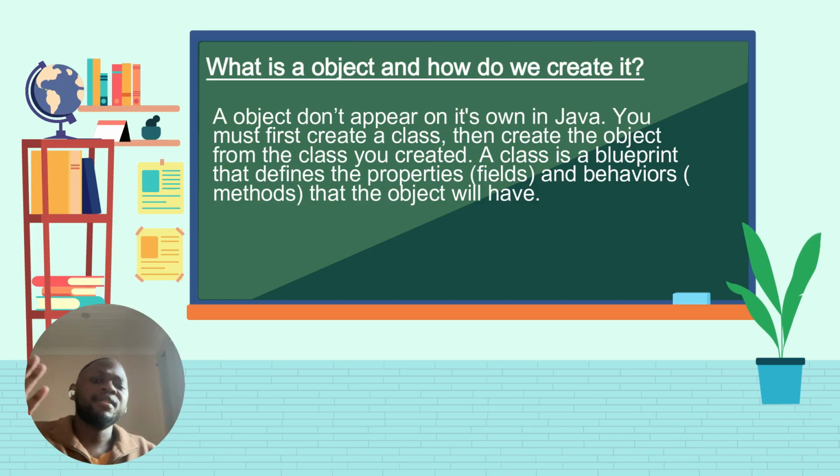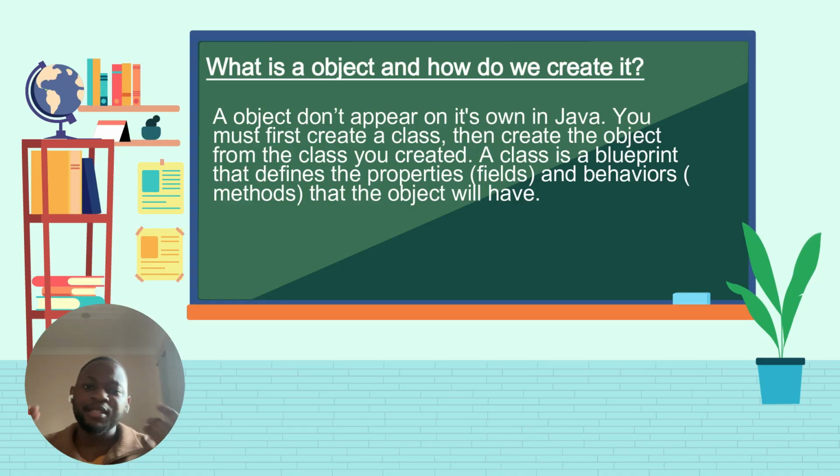So what is an object and how do we create it? An object doesn't just appear magically. We first have to create our class, and our class is like the blueprint of our object.